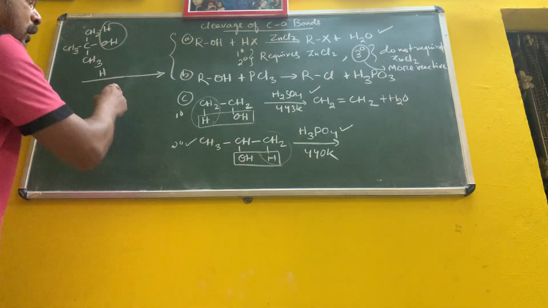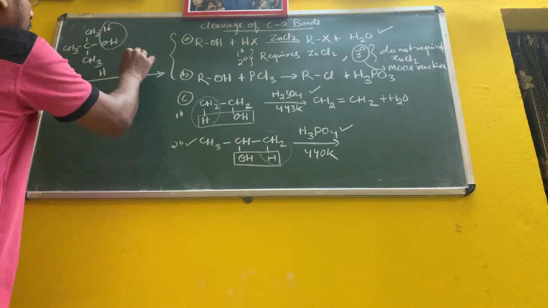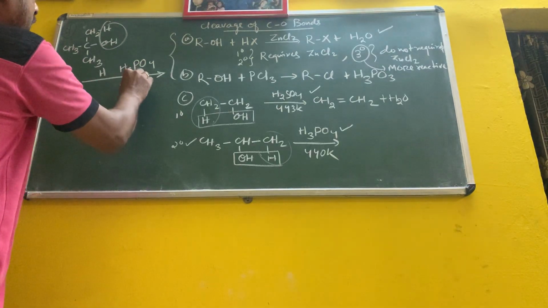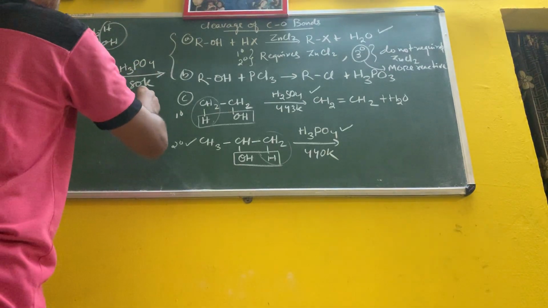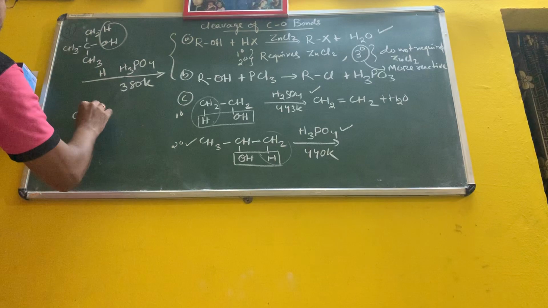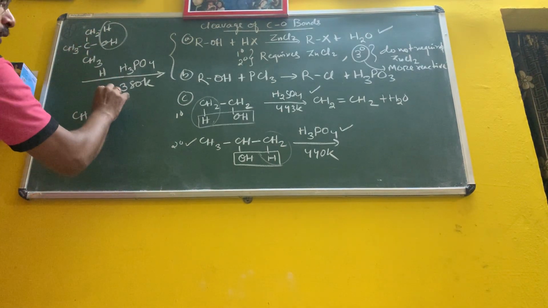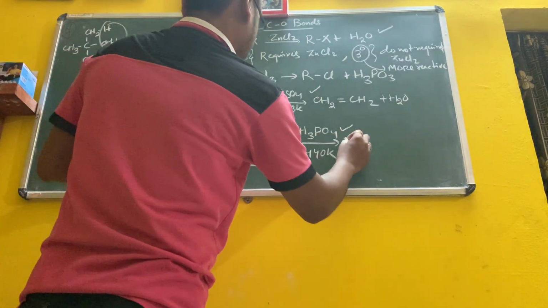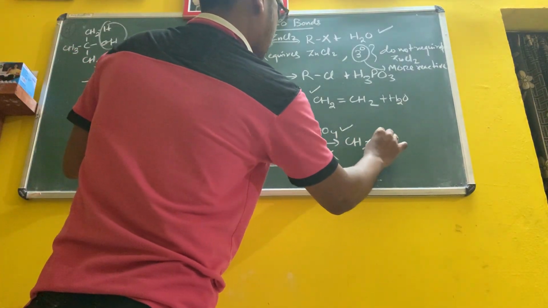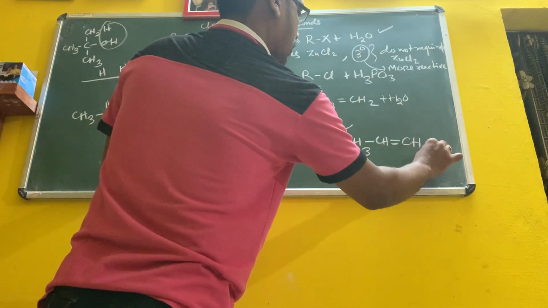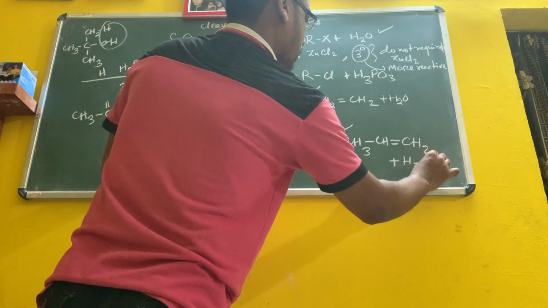That is H3PO4, in presence of 380 Kelvin, to form CH3, C, here double bond. Also, sorry, CH3, CH, double bond here, CH2 plus H2O.